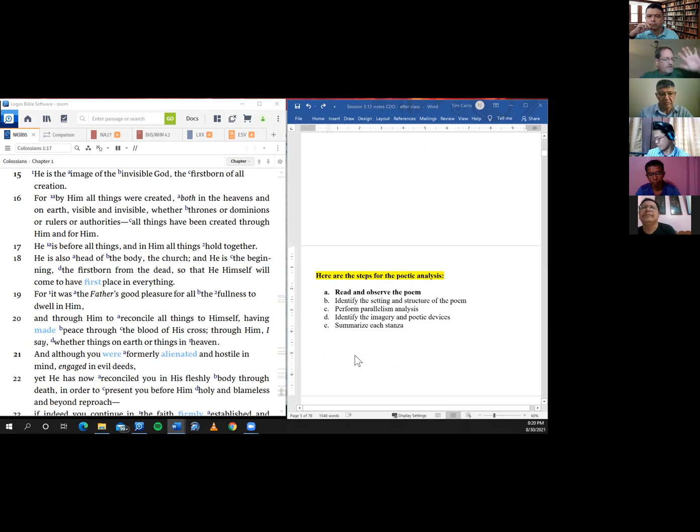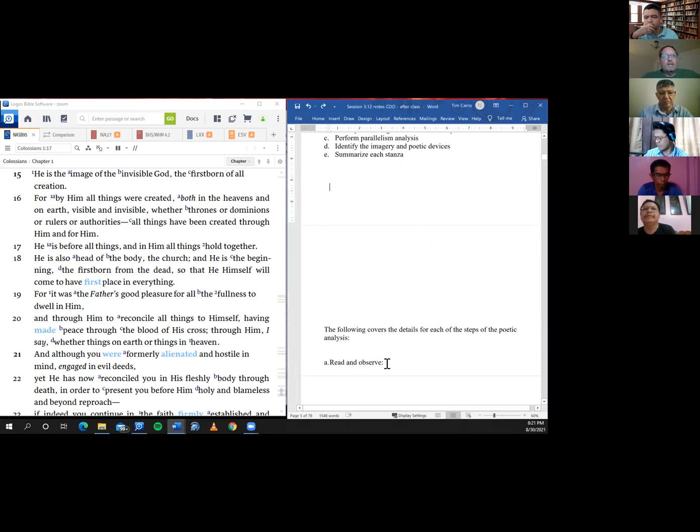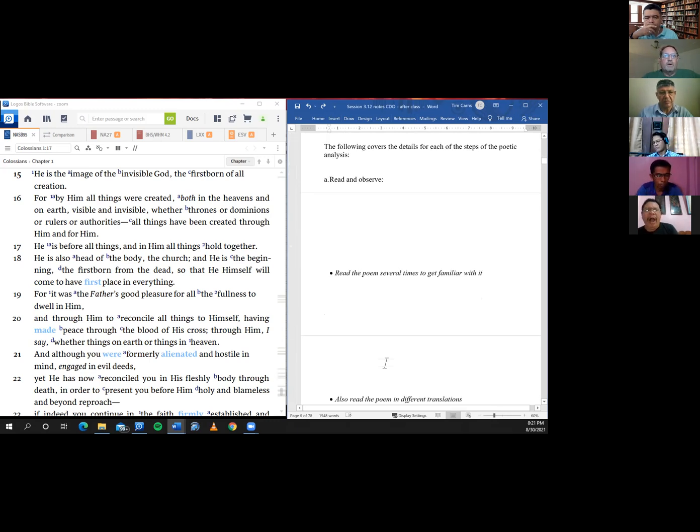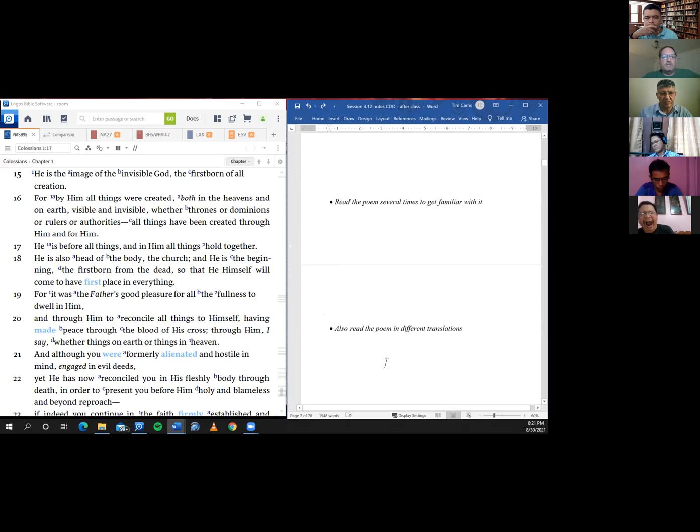So just like we've done in everything else, right? I talk a lot about this, to read many, many times. Okay, reading the poem gets us familiar with it, right? And also, I would say read the poem in different translations. Again, not just to see how the words are translated, but also some translations do a better job matching the emotional tone of the poem.